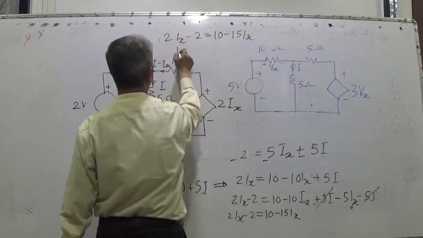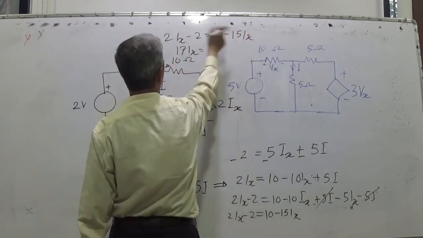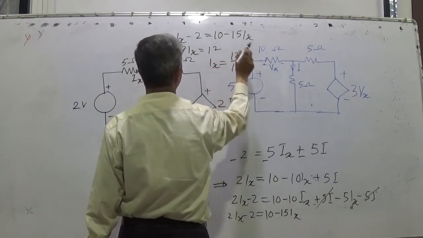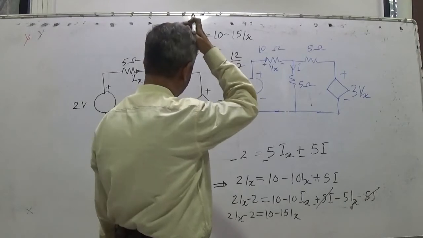This comes on the other side. 17Ix is equal to 12. So Ix is equal to 12 by 17.